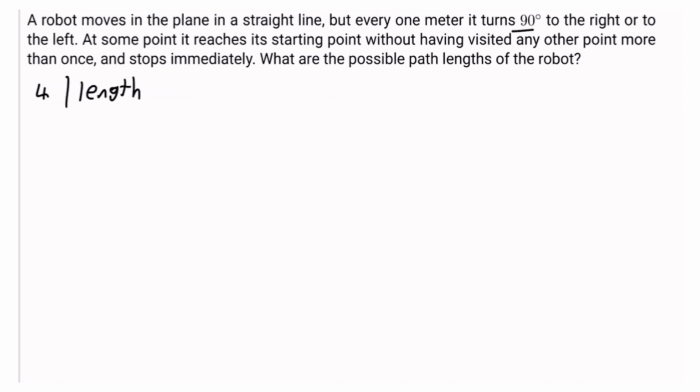Now if we just construct an algorithm which will return to the starting point and that will cover all the numbers that are divisible by 4, then we are done, right? Now think of this sequence. The robot starts at this point and it goes up, then right, up, right, up, right, up to a point.